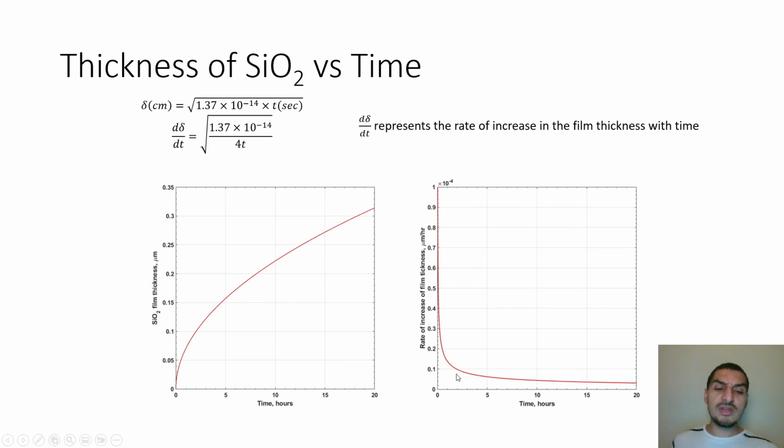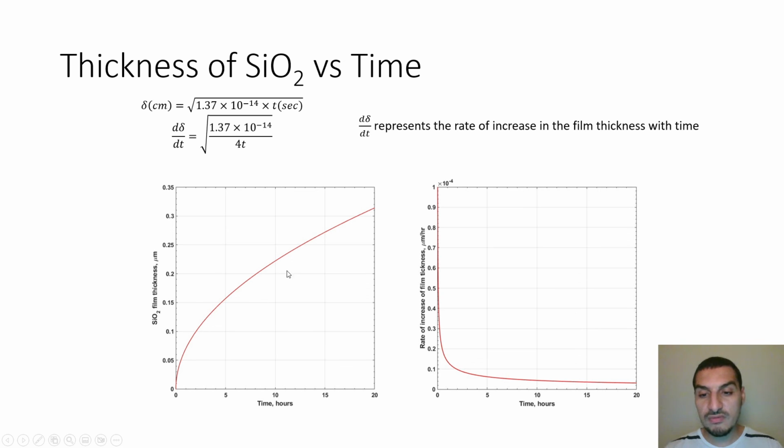plot at the very beginning of the process, where there is no silicon oxide, or the thickness of silicon oxide is 0. There is no resistance to mass transfer. It's only silicon. So the change of thickness with time in the beginning was very quick, but as time goes, the silicon oxide gets formed, and then the change of thickness with time gets slower and slower and slower.